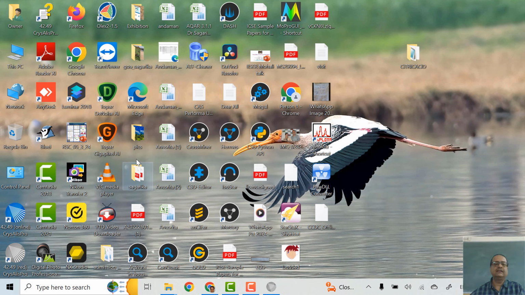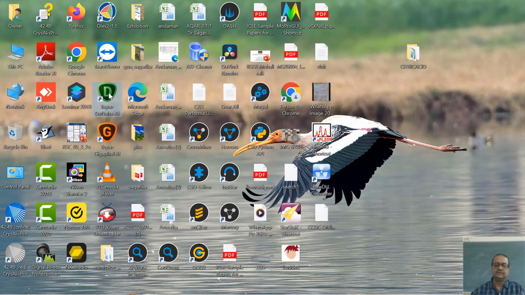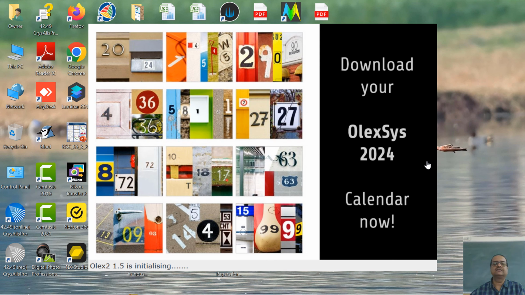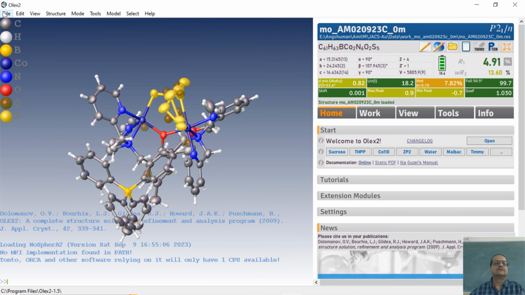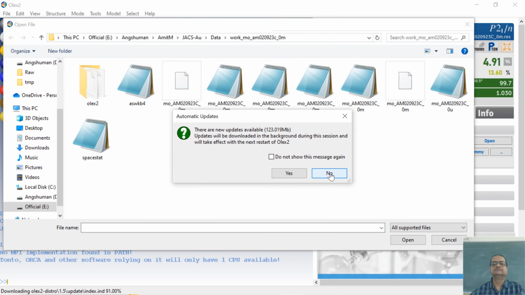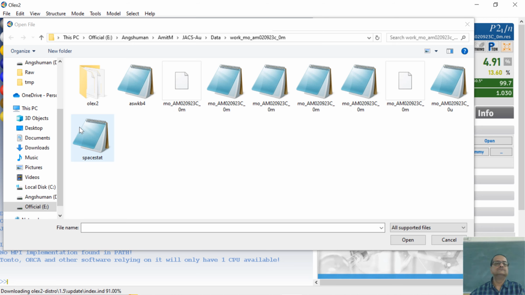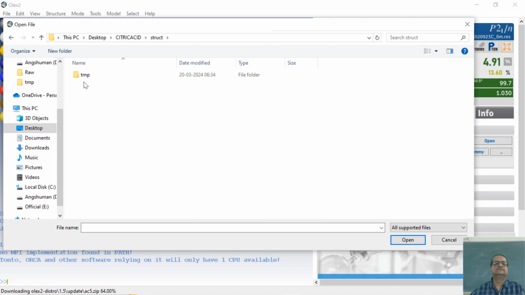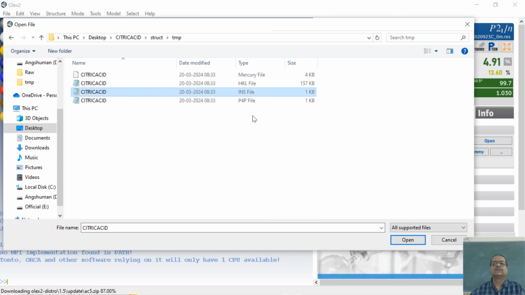Now we should go and use OLX2, which will then let us solve and refine the structure. So I am selecting that INS file.